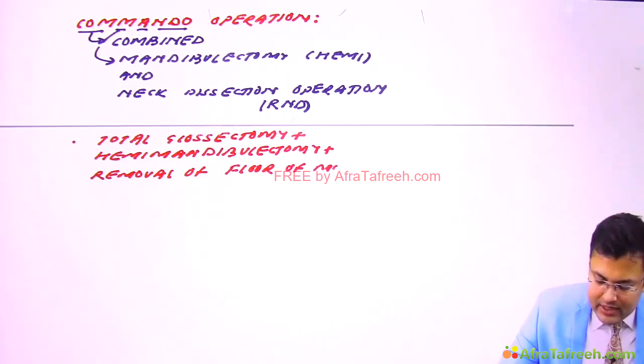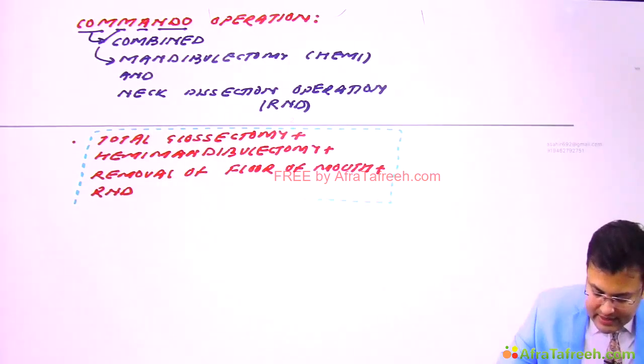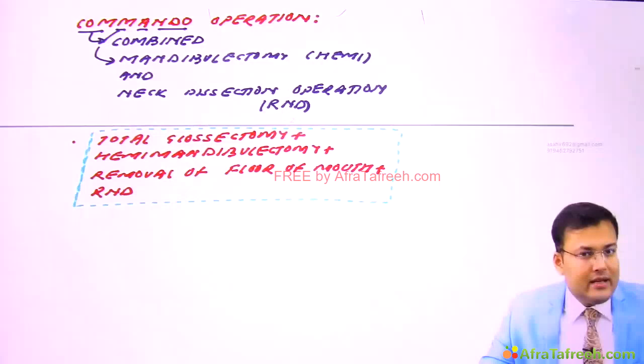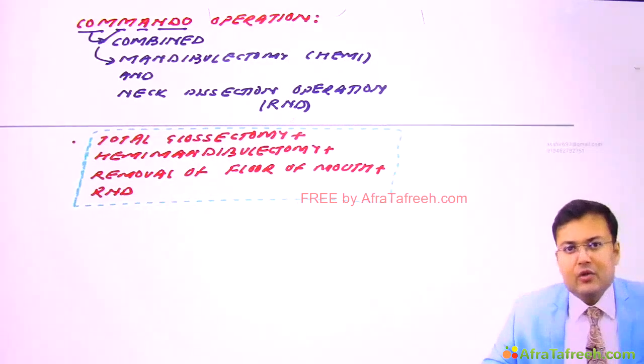Okay, and what else? We perform radical neck dissection. Clear? So these are the components. It's a radical surgery with increased morbidity and mortality, performed for carcinoma oral cavity.